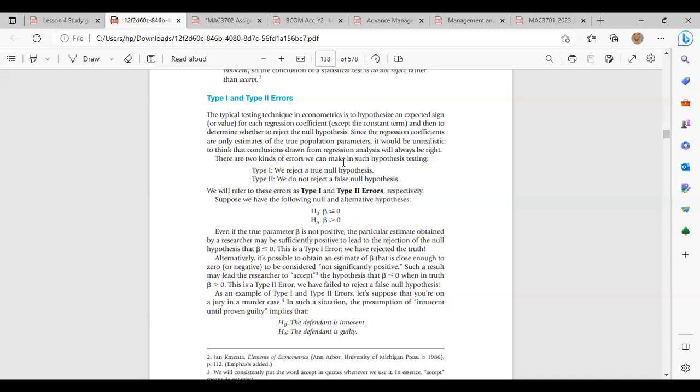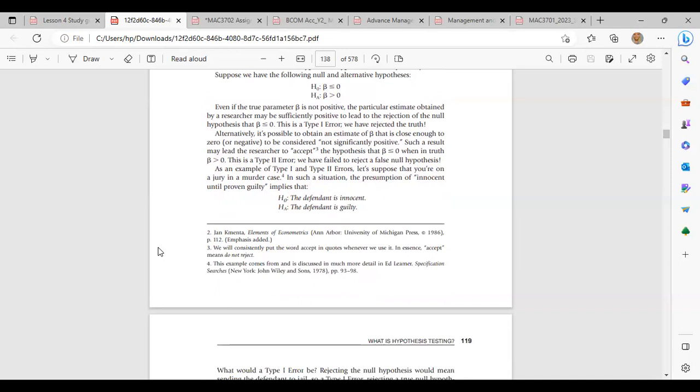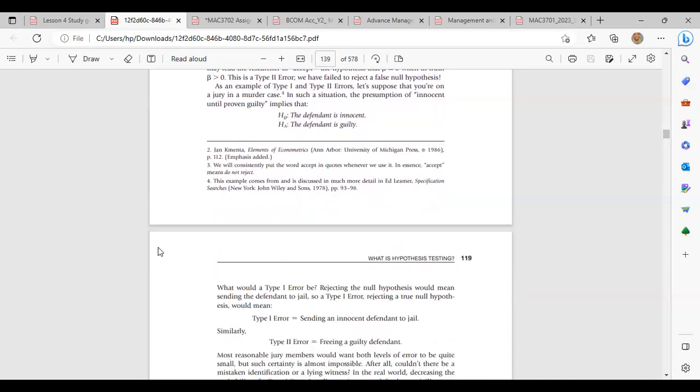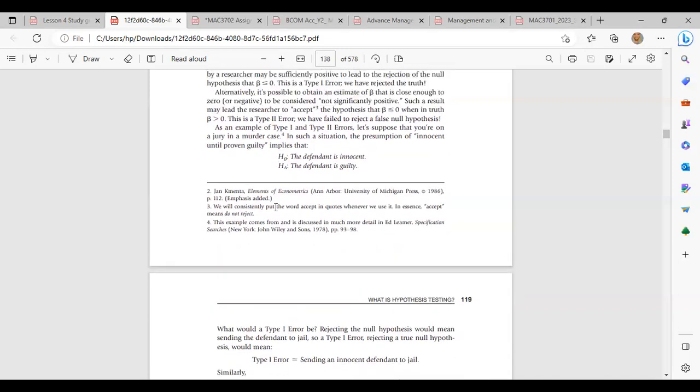Type 1, we said we reject a true null hypothesis. And then the other one is type 2 error, where we do not reject a false null hypothesis. So let's look at what's happening there in law.